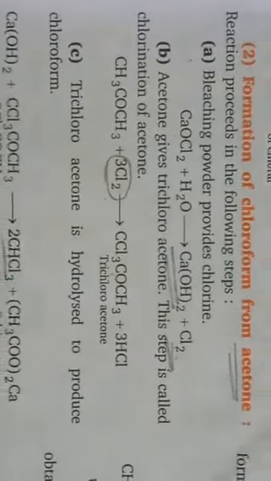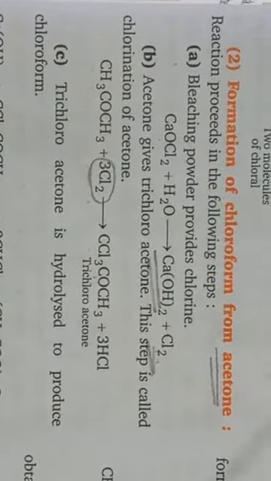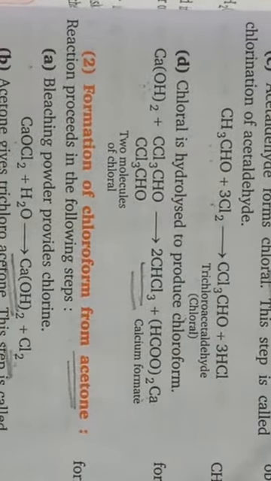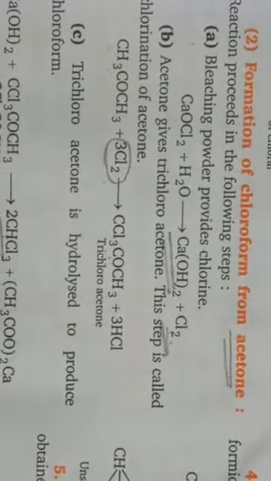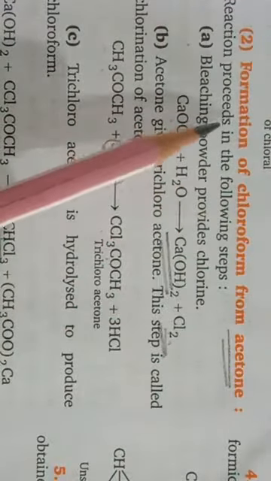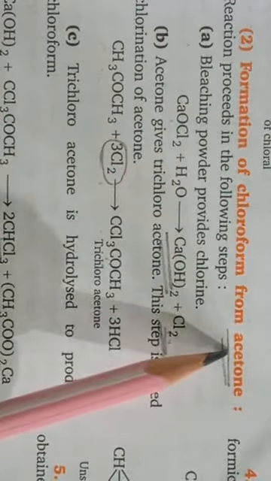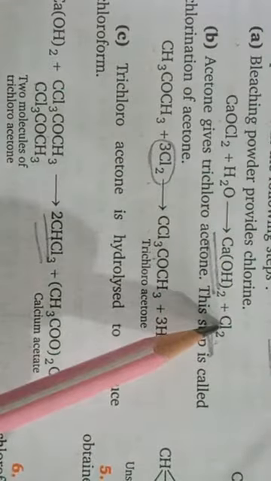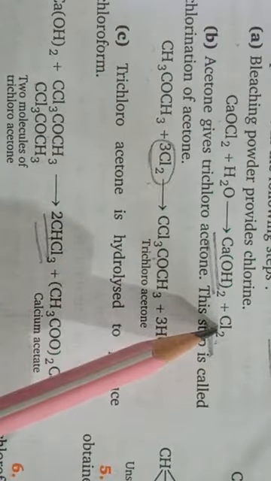Okay children, so what is the difference in these two preparation reactions actually? As you can see, in the reaction where acetone takes part in the formation of chloroform, chlorine is acting only as a chlorinating agent, not as an oxidizing agent.